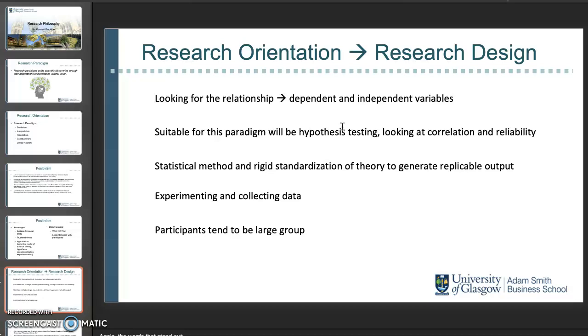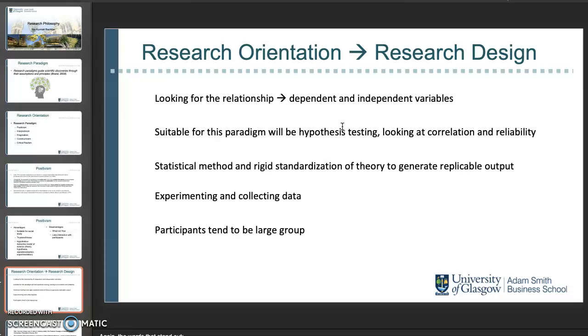As I mentioned before, if you are a positivist, you want to look at what the effect is, what influences something, what influences the reality out there. So that's why you look for correlation and reliability, and also test the hypothesis.